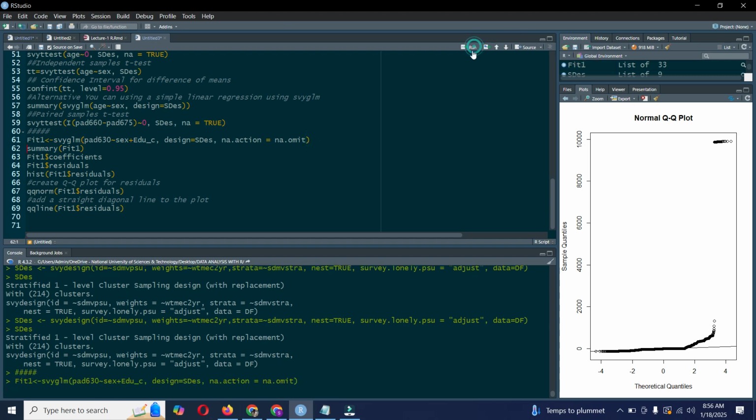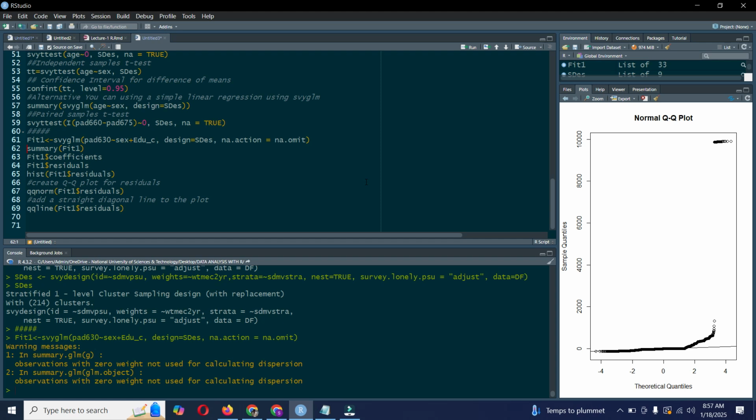So we can just run this command, and it is giving a warning saying that observations with zero weight are not used for calculating dispersion. It means while obtaining the dispersion variance, the observations with zero weights will be excluded.